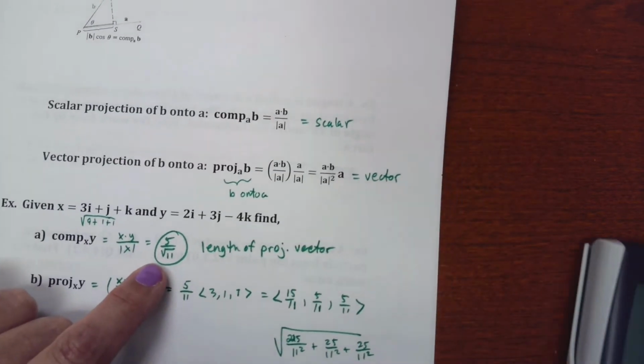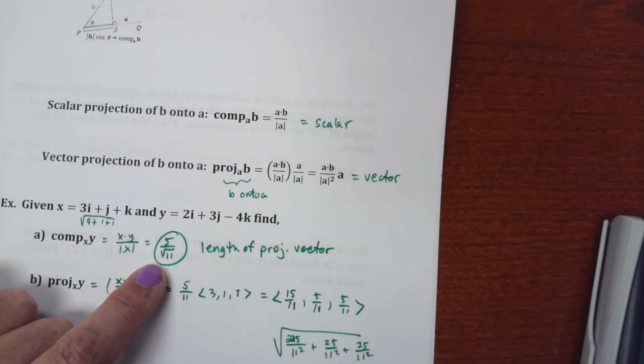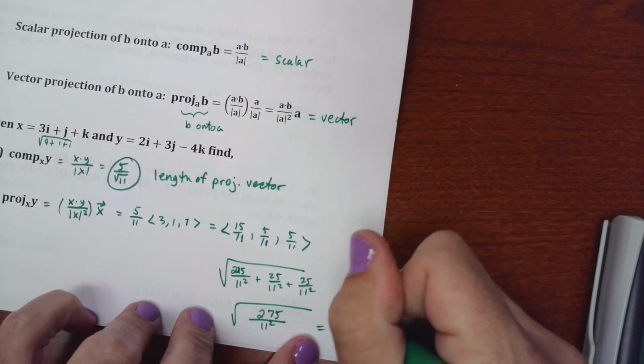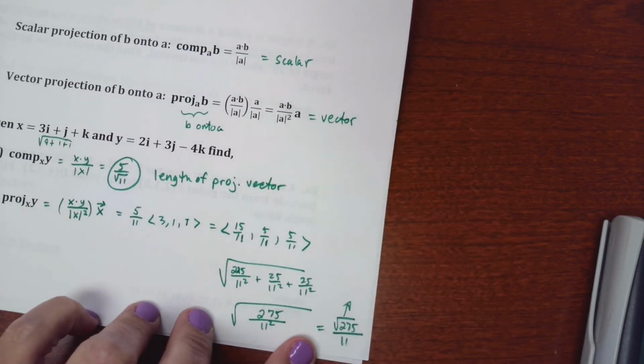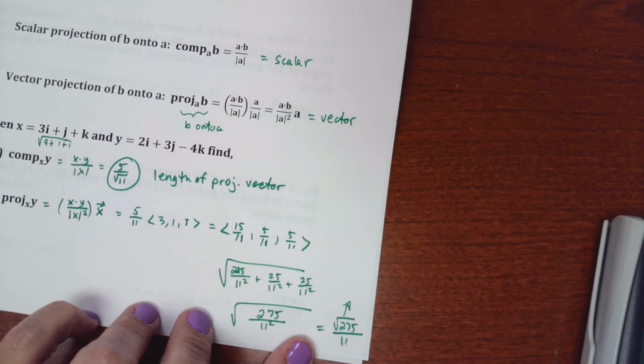Let's see, multiply by radical, yeah. Because 275 is what, 25 times, let's see, 1, 2, 3, 4, 5, 6, 7, 8, 9, 10, 11.